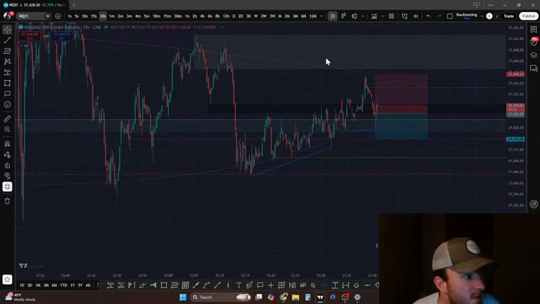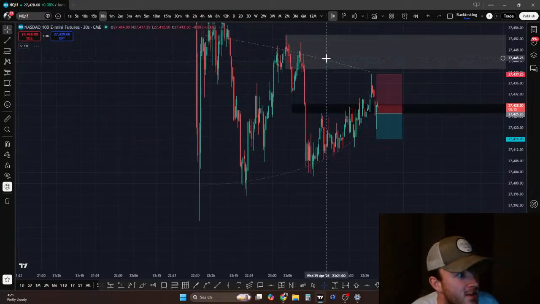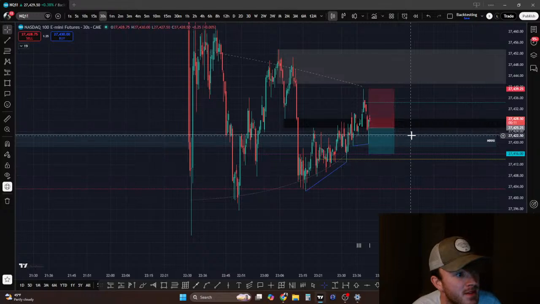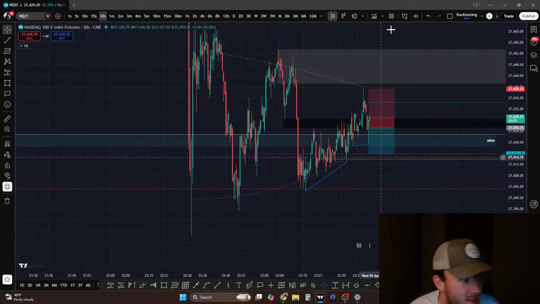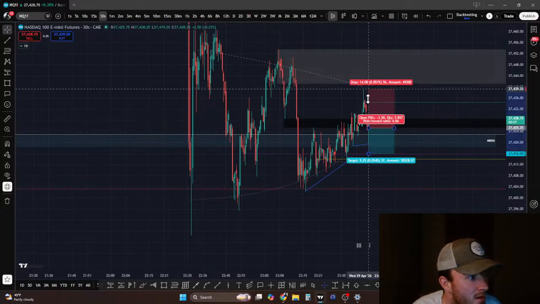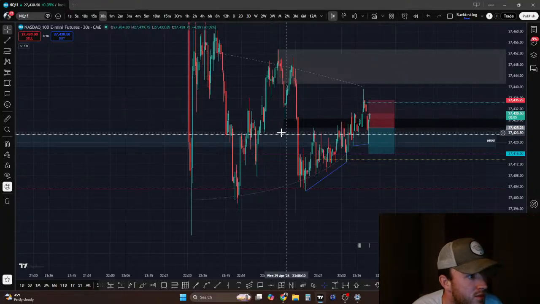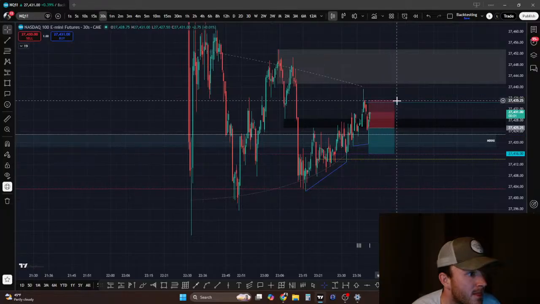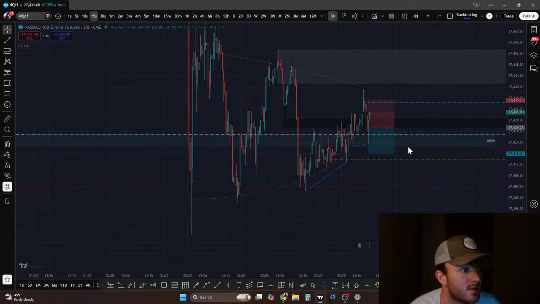So, I guess I'm taking this. This is more of like a 30-second change in state, honestly. But this isn't looking good right now because it just wicked down. This is not what I meant to take, really.